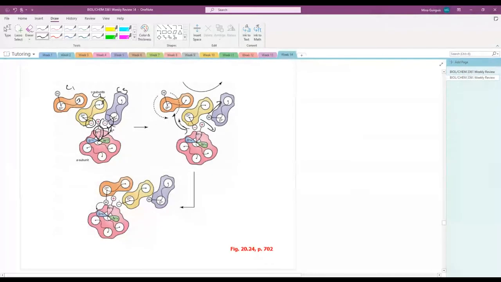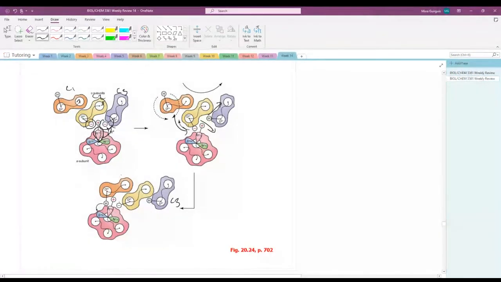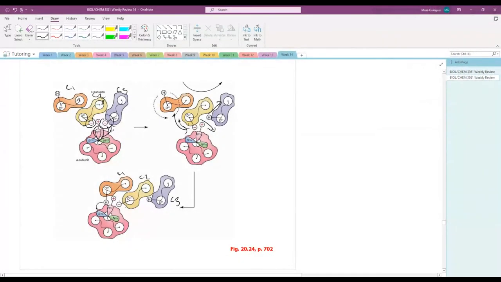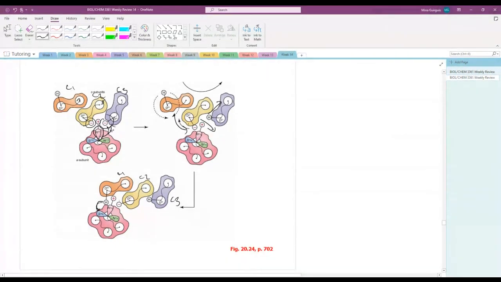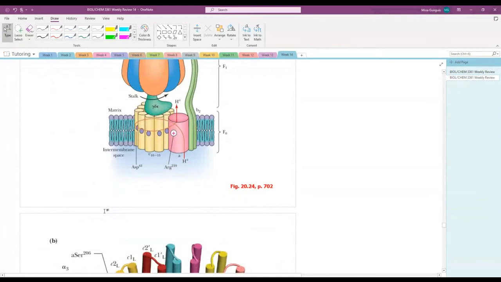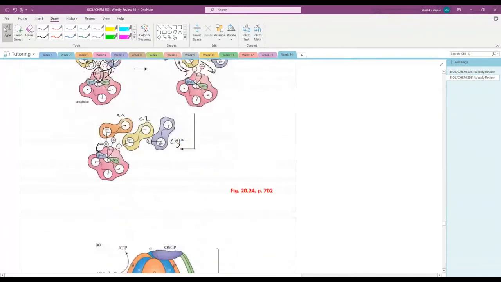And so now we can see that C3 is out of the way. C1 and C2 are both close to this A subunit, and this allows the transfer of this proton to the serine residue on the A subunit. Okay? So now the A subunit is the positively charged one.